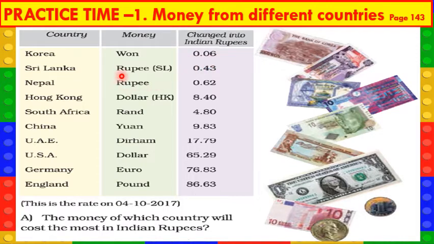Sri Lanka's 1 rupee means 0.43 Indian rupees. Nepal's 1 rupee means 0.62 Indian rupees. Hong Kong's $1 means 8.40 Indian rupees. South Africa's rand means 4.80 Indian rupees, and so on.